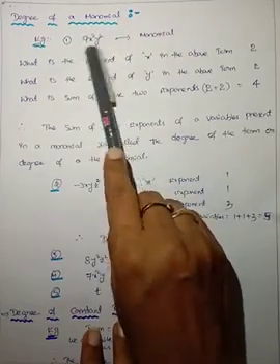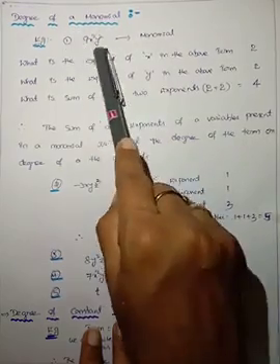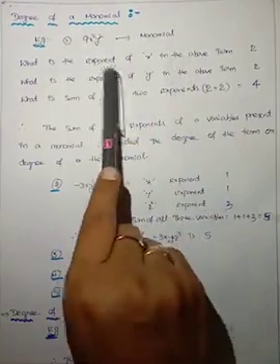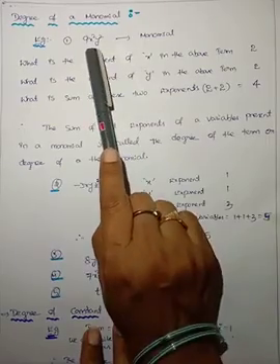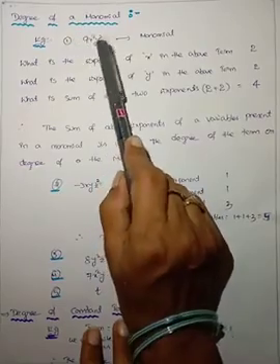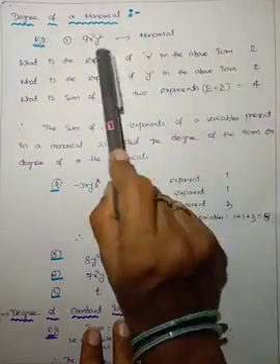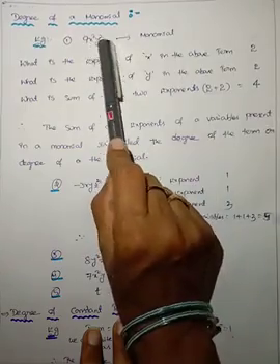There is a monomial 9x square y square. It is a monomial, only one term here. What is the exponent of x in this term, 9x square y square? 2. What is the exponent of y? 2.